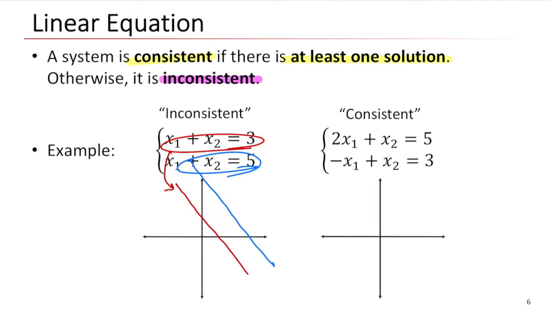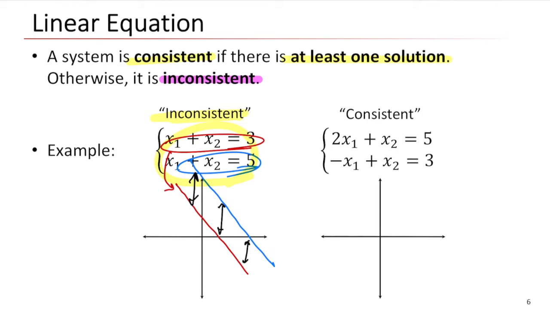As you can see here, these two lines don't meet forever, so there will be no solution. In this case, it is called the inconsistent case. Inconsistent case means these lines will never meet each other, so there is no solution that satisfies this linear system. So this is an inconsistent case.